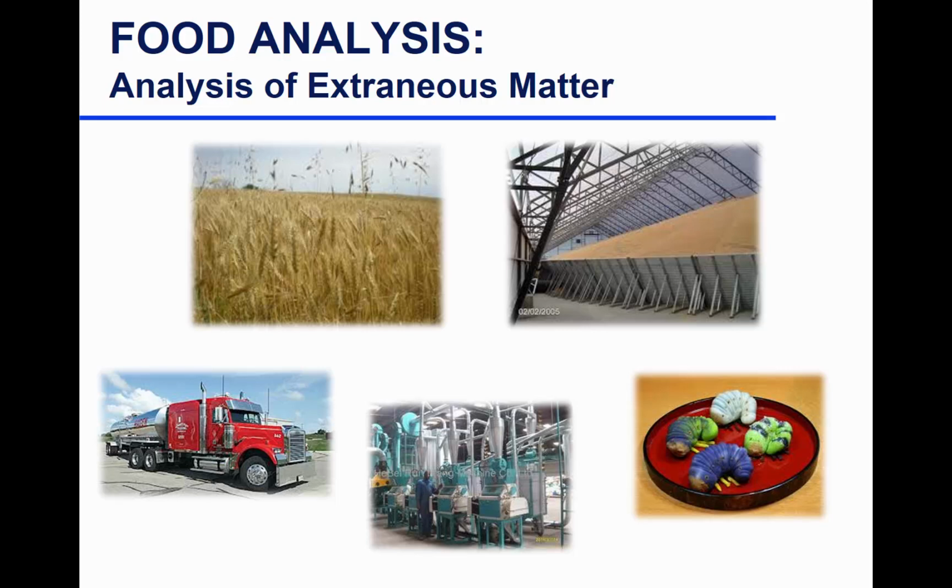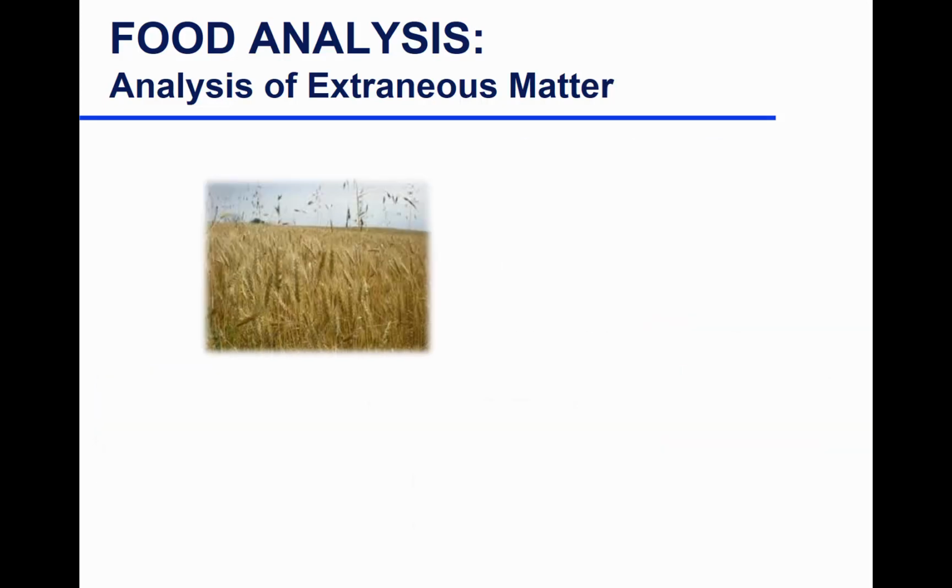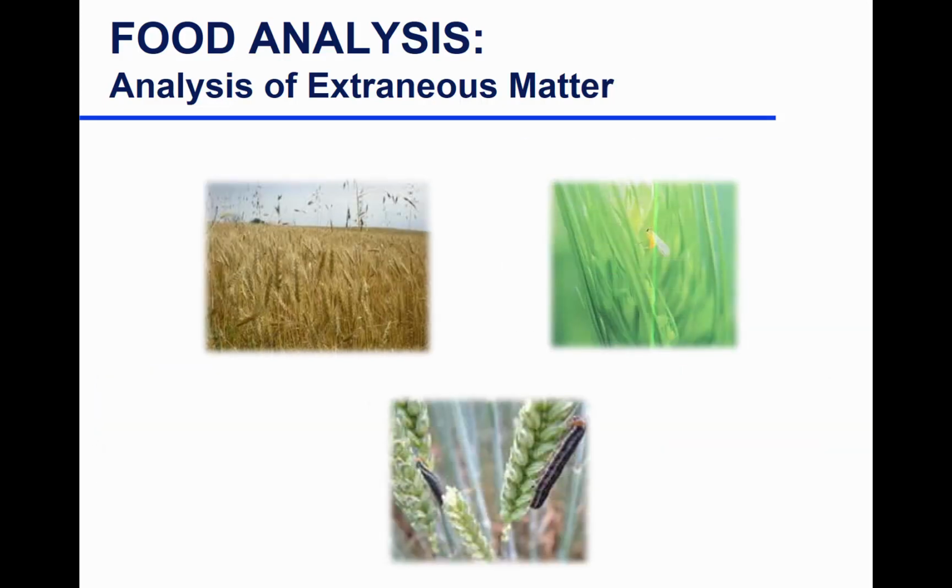So we are eating insects, whether we like it or not, to a certain level. On the land and the farm before harvest, you have several types of insects that would infest your grains or crop, and when they're harvested, they are harvested with them. So you might get whole insects or parts of insects.